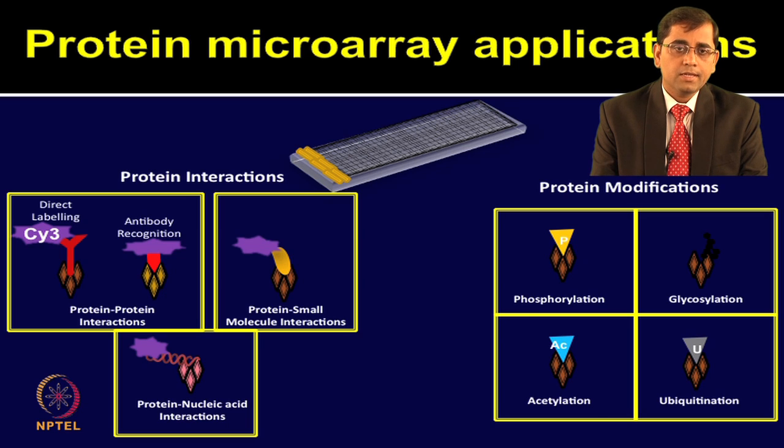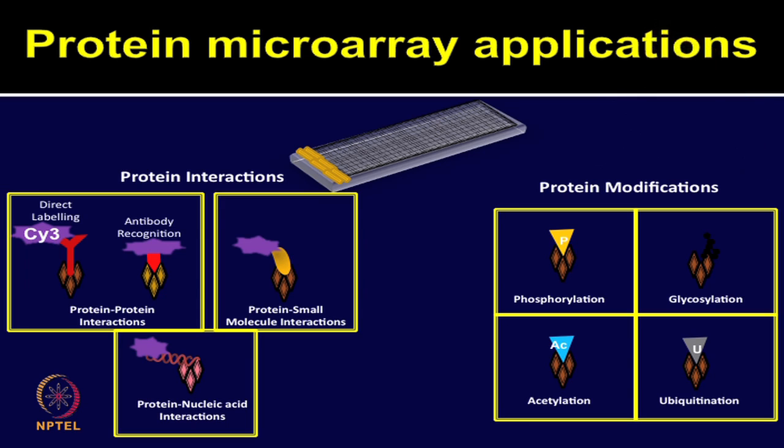Similarly, studying the kinase networks, the dynamic functional regulation, as well as studying protein turnover and protein modification have been used on protein chips. Let us first discuss biomarker detection.